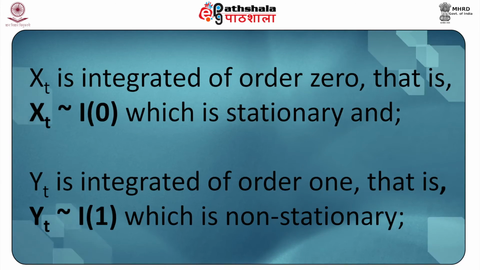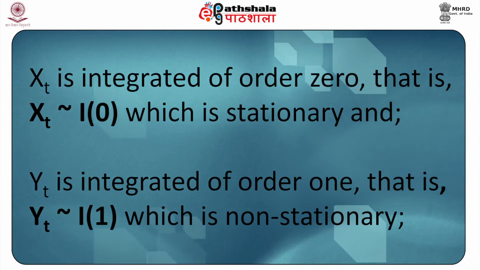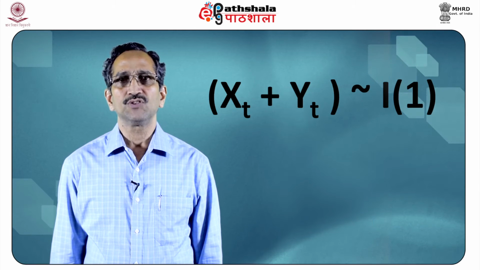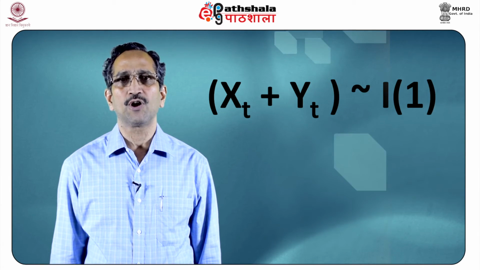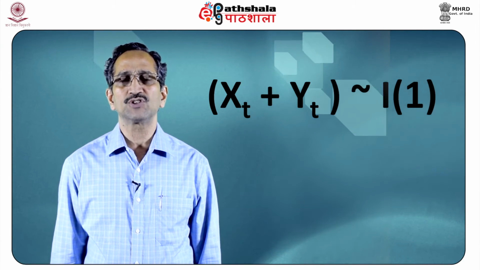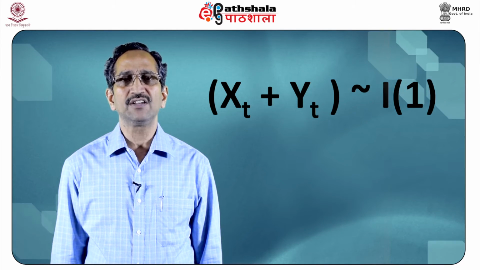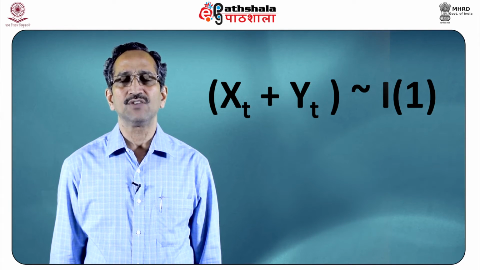The first is, if xt is integrated of order 0, that is xt is distributed as I(0), which is stationary, and yt is integrated of order 1, that is yt is distributed as I(1), which is non-stationary, then their sum will be integrated of order 1 and will be a non-stationary time series. That is, xt plus yt is distributed as I(1).